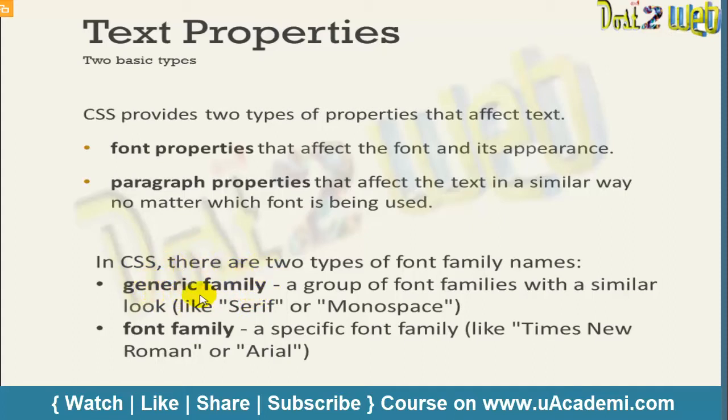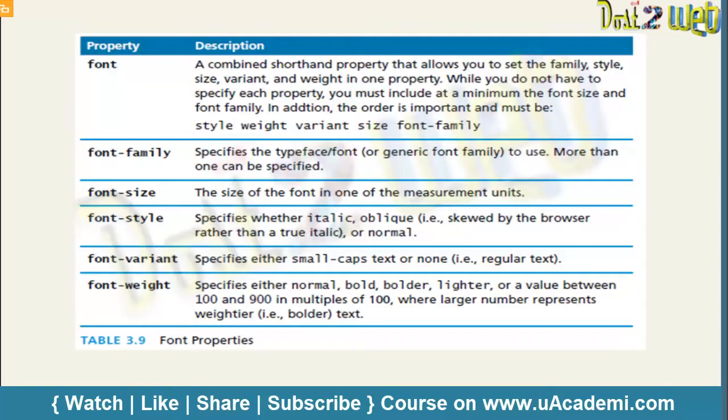In a generic family, you get a group of font families with a similar look, like serif or monospace. Both look the same, and you can use either. Next, you have another family, which is the font family. A font family is a specific font family. You can define something specific like Times New Roman, Arial, Verdana, anything. These are the two font families we have, and we will be using them in our CSS.